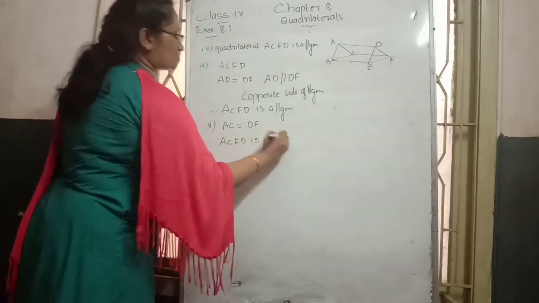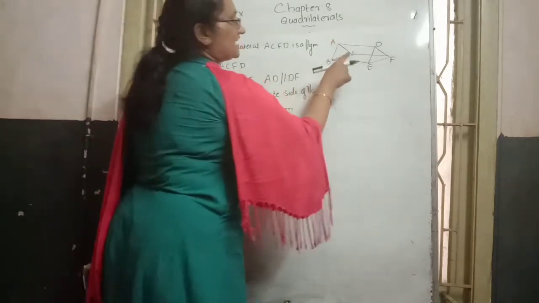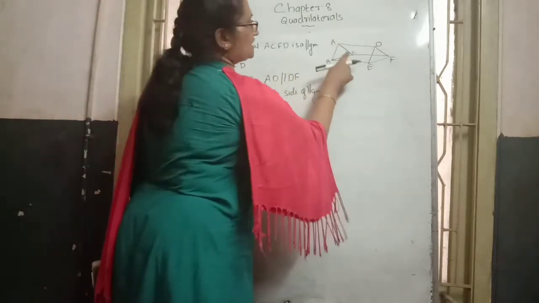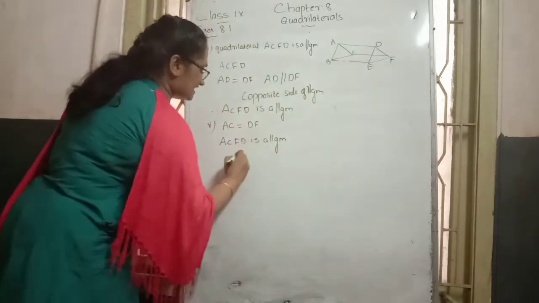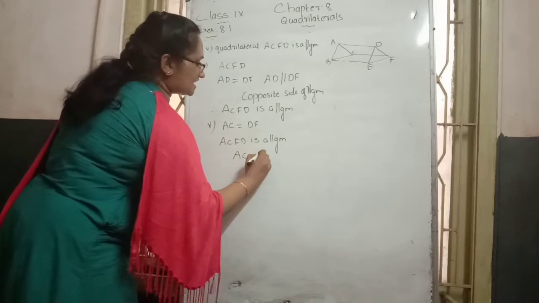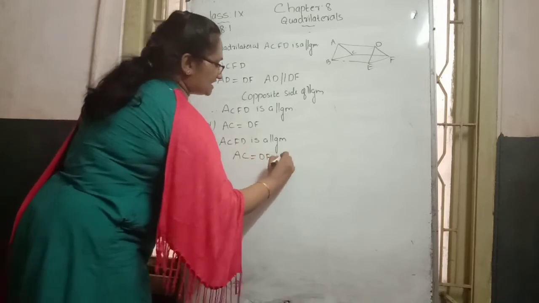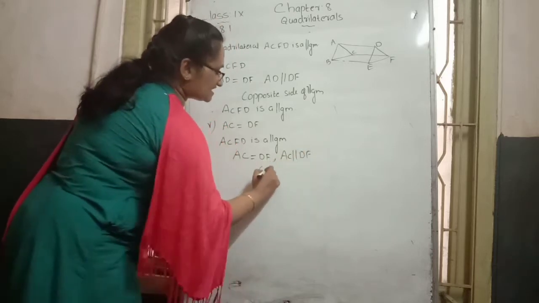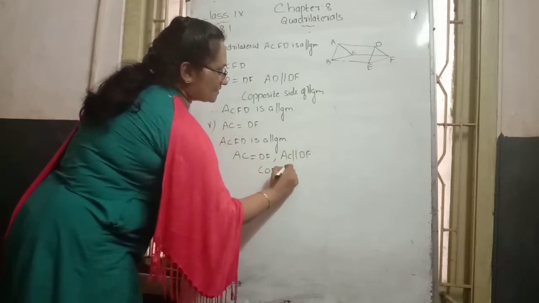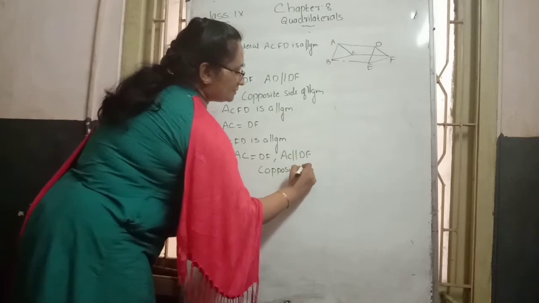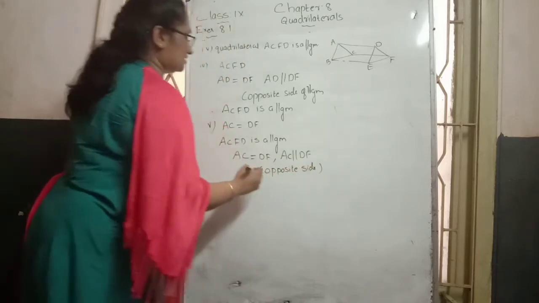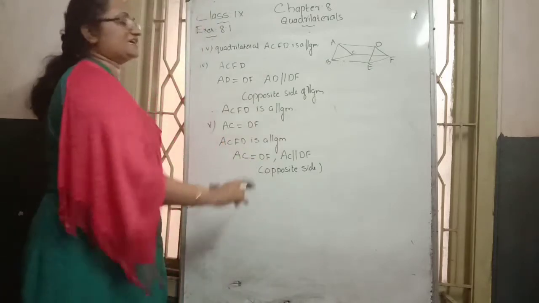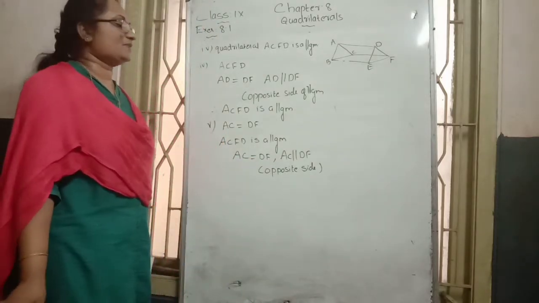Then with respect to that parallelogram, the second opposite pair becomes AC and DF. So AC is equal to DF, and they are parallel. What is the reason? It is an opposite pair of a parallelogram. Hence we prove that AC and DF are equal and parallel.